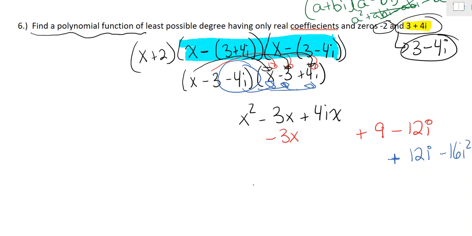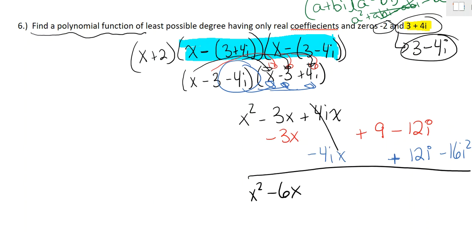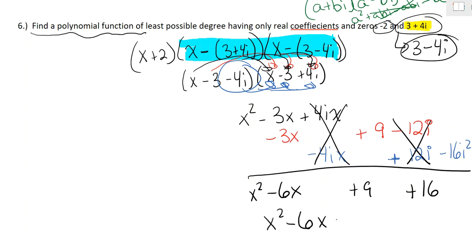All right, so this is going to give x squared minus 6x. The 4ix's cancel. The 9 drops down. These drop out. This then becomes a positive 16. So it reduces then to x squared minus 6x plus 25.